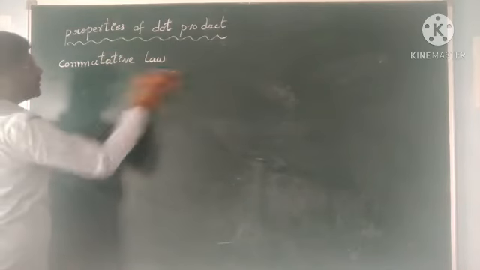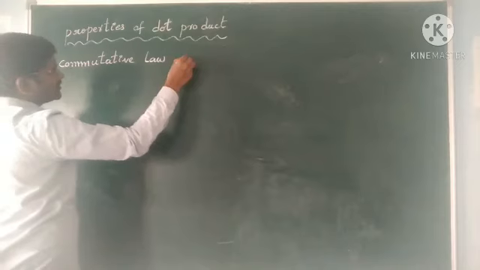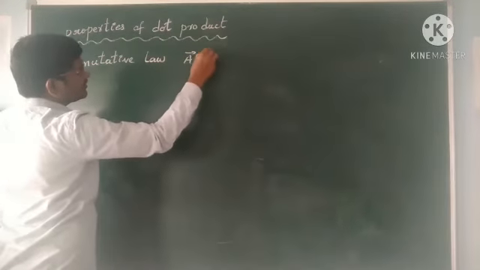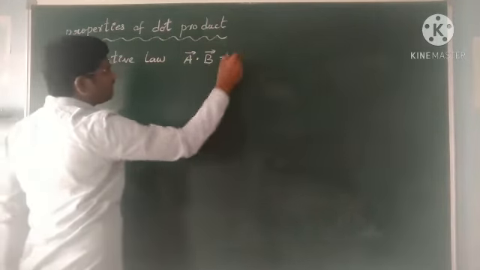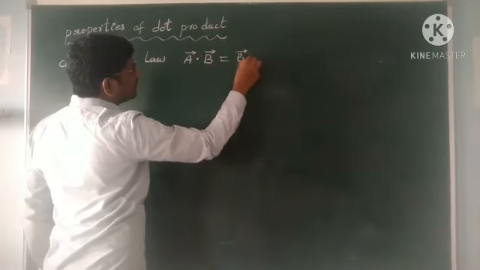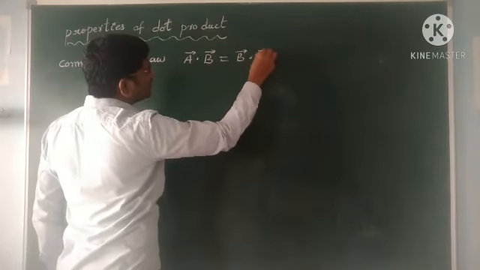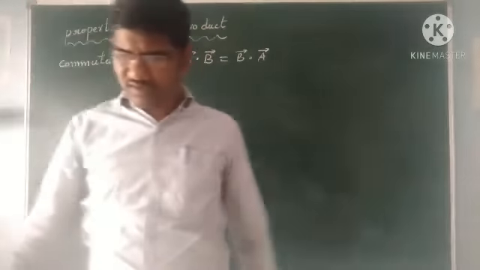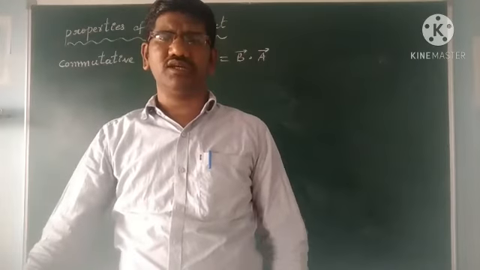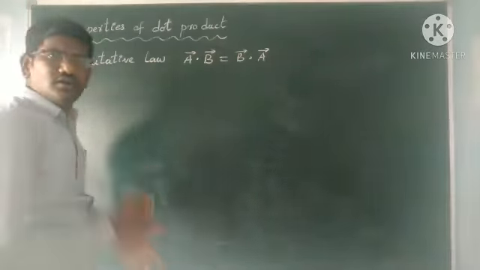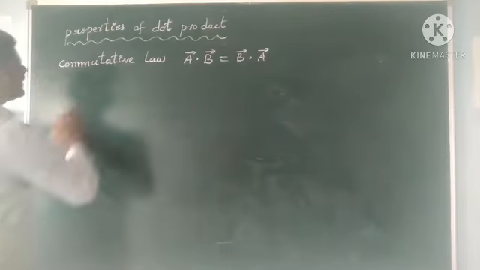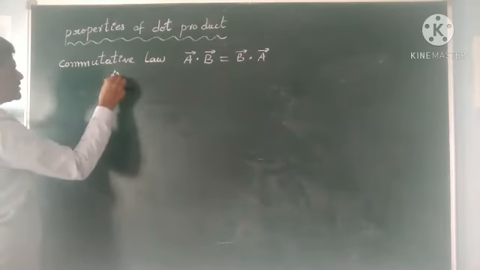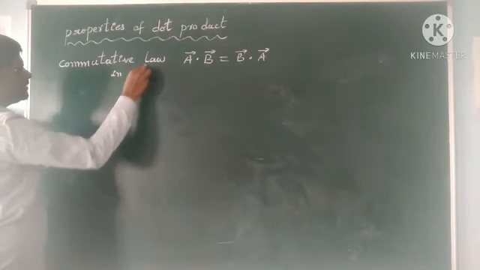It obeys the commutative law, which means A bar dot B bar is the same as B bar dot A bar. So the dot product is commutative in nature.